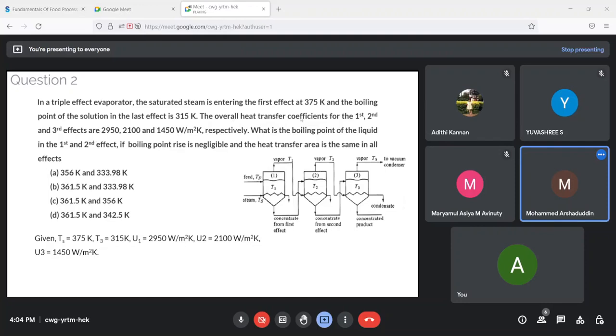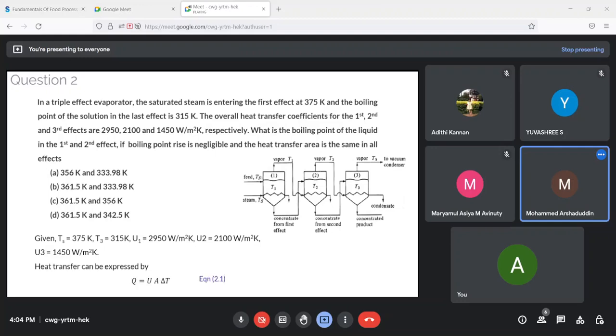The overall heat transfer coefficients in each of the effects are given: U1 is 2950, U2 is 2100 and U3 is 1450. Since your temperatures are not the same in any of the effects, the amount of heat required to boil the liquid will also be different. So your U1, U2, U3 will also be different.